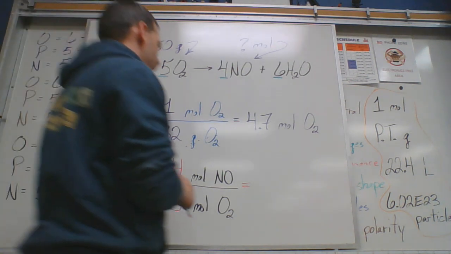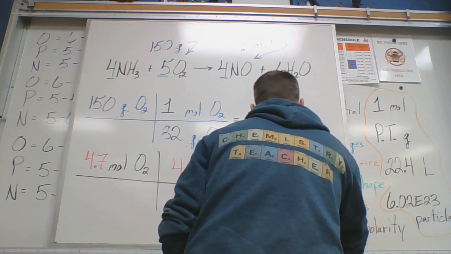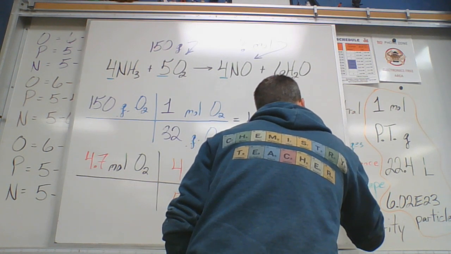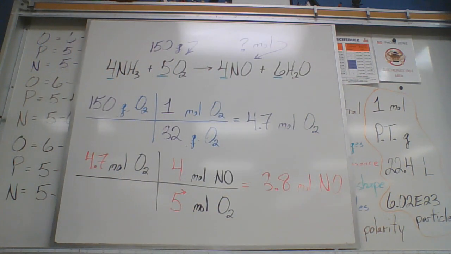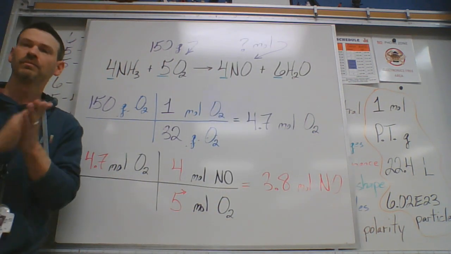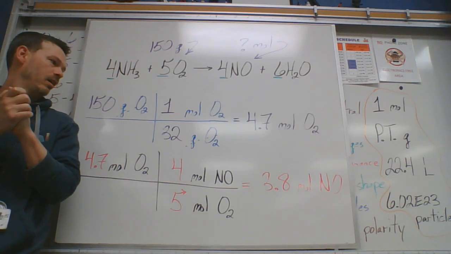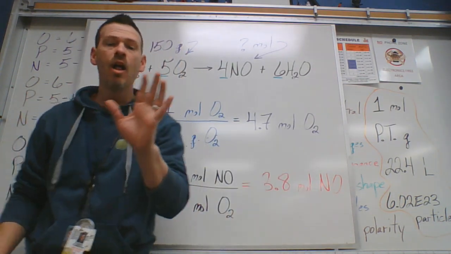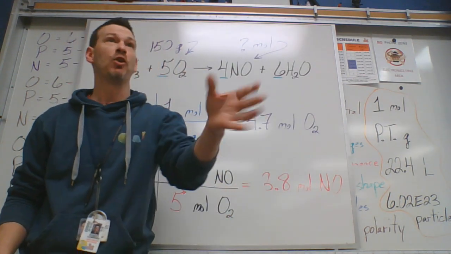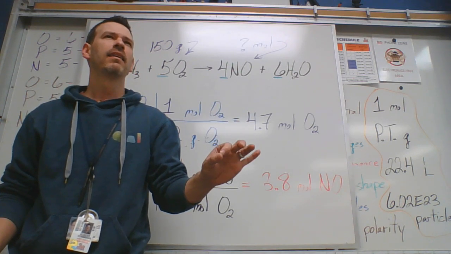What about 3.8? How does that make you feel? All right, well, now we have moles of NO. Now, there's another step left, right? There's a step 3. But what does it say?